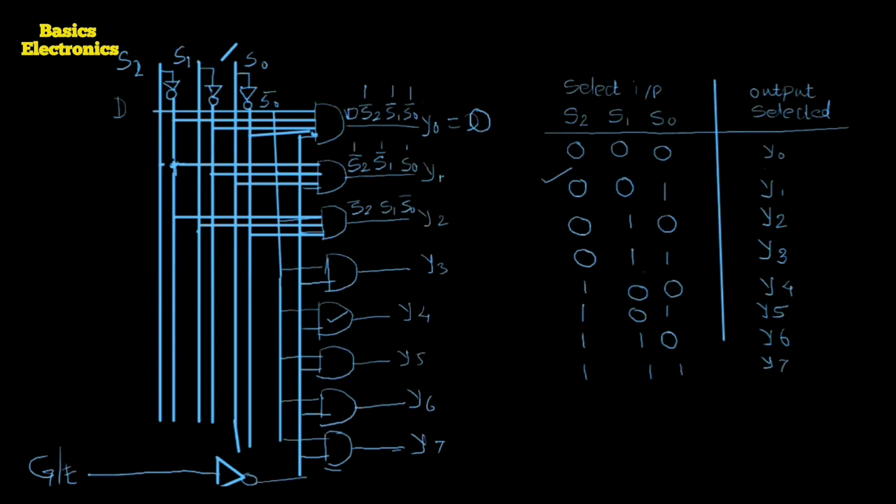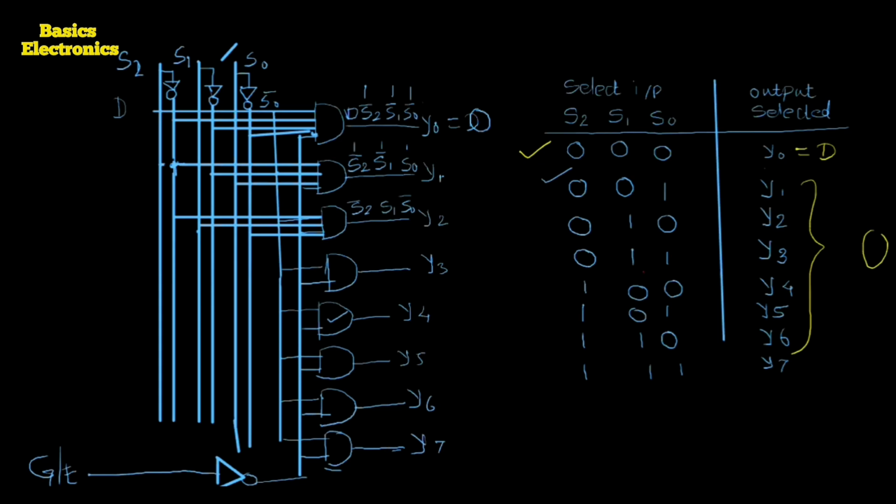So here we can make the selection of the data line towards any of the output lines. So when we apply the select input 000, then the output Y0 is equal to data line D and all remaining are equal to 0. It means all remaining AND gates are in disable condition and only the Y0 line is in enable condition.